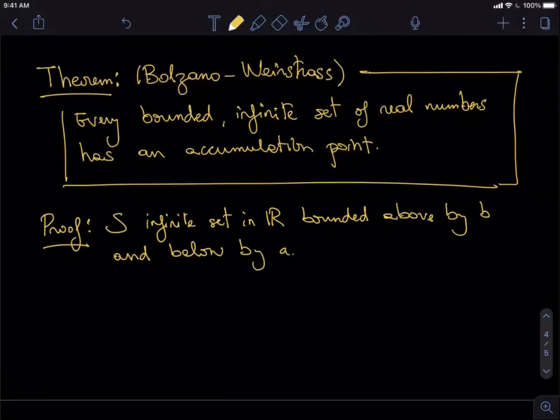As I said, now we are going to define a clever set, the set P. How do we define this set?